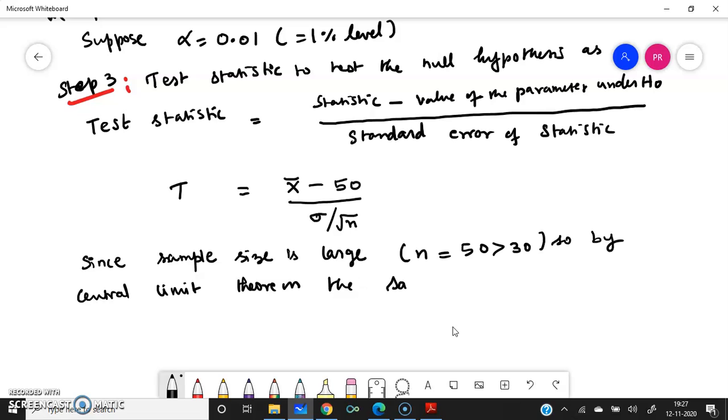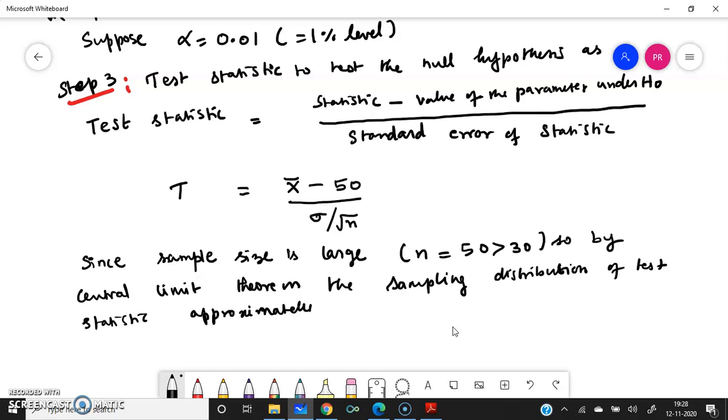the sampling distribution of the test statistic approximately follows the standard normal distribution.